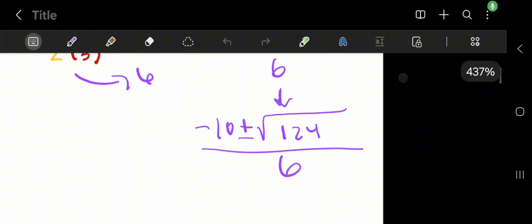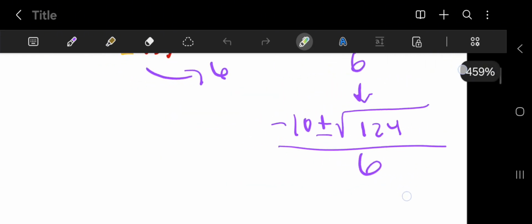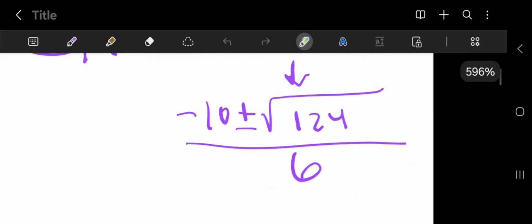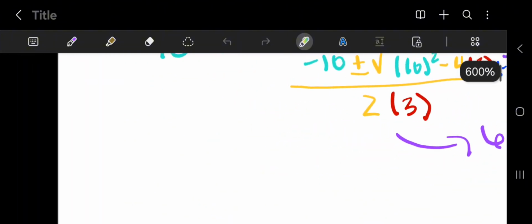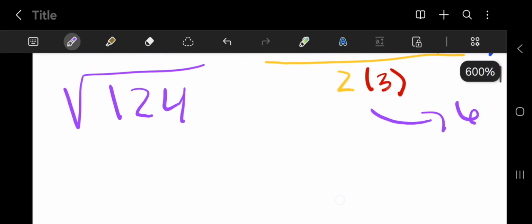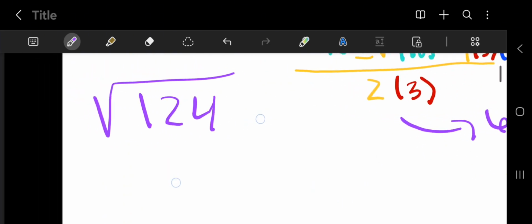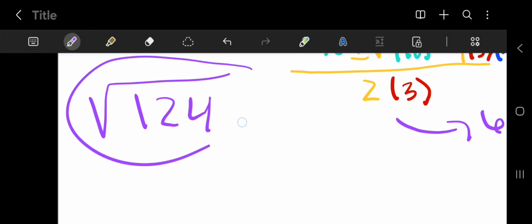Now that we're left with this little guy right here, there's actually a way we can simplify this even more. So right now, I'm just going to focus on the square root of 124. When we're looking at the square root of 124, the square root of this is not going to be a pretty number. So what we want to do is simplify the radicals. The radical literally just refers to this whole thing as a whole.